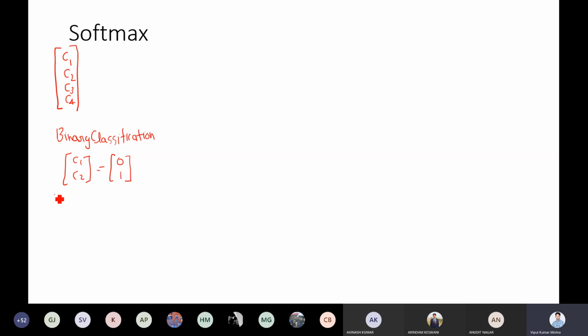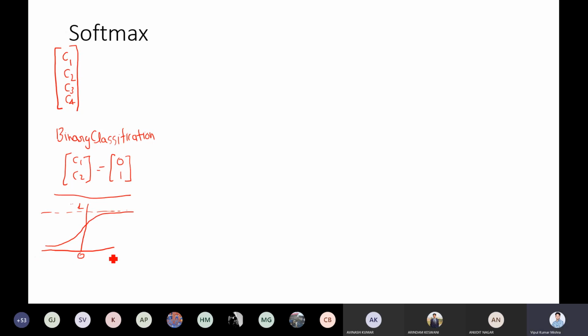To solve this problem, we used a function that is sigmoid. If you remember, the sigmoid looked like this. You can say this is 1, this is 0.